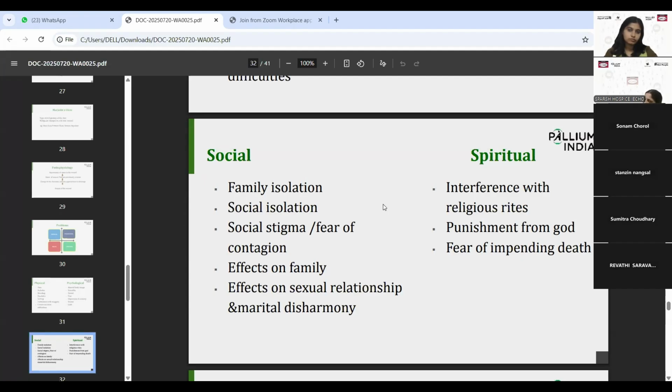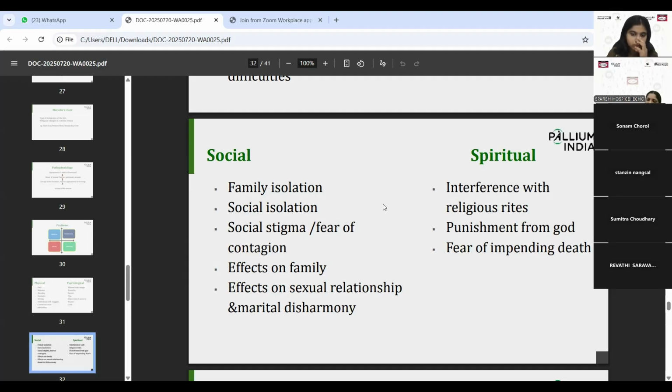Then effects on family, effects on sexual relationship, and marital disharmony. The spouse or partner may deny them because of the appearance, because of the smell, because of the odor, and they won't give proper care and love. So they may feel disharmony in their marital relationship.